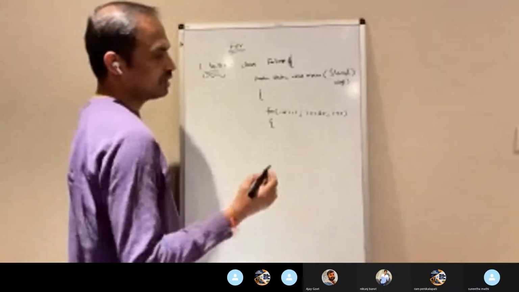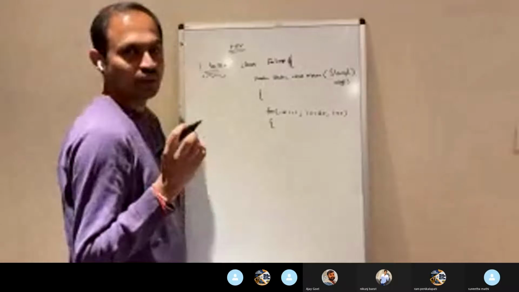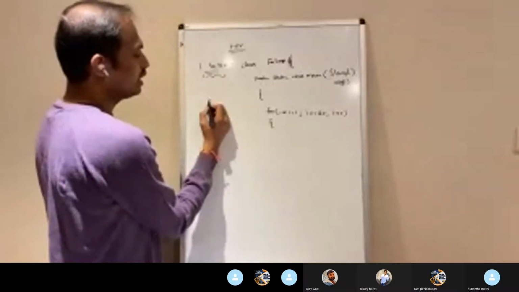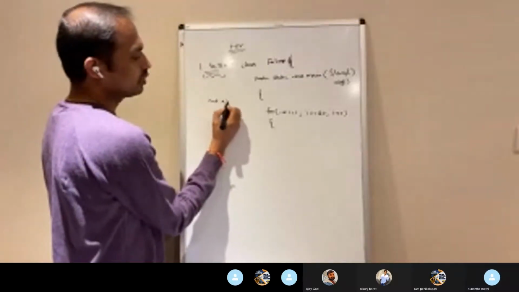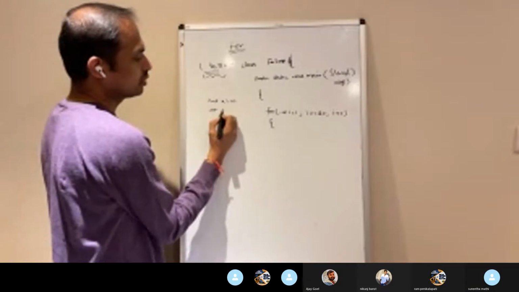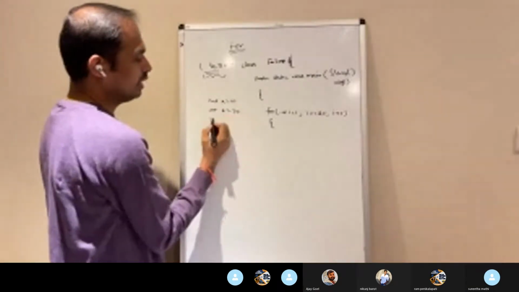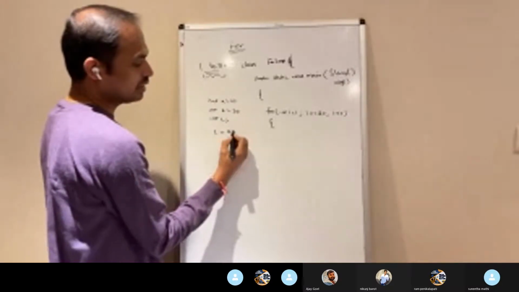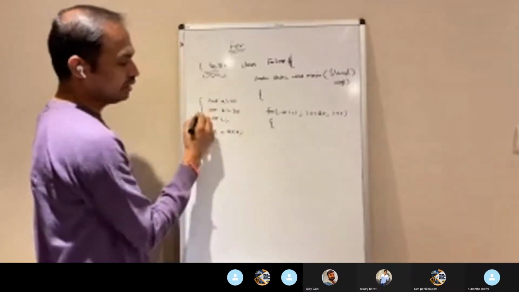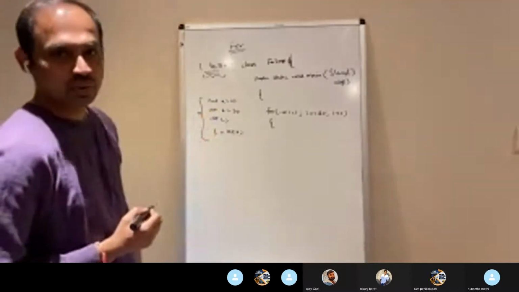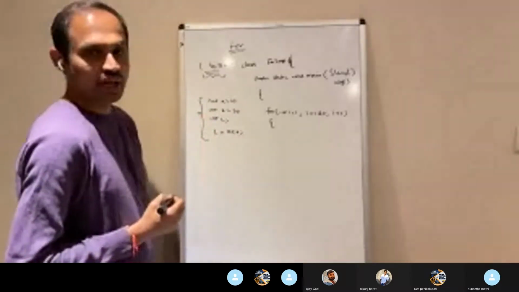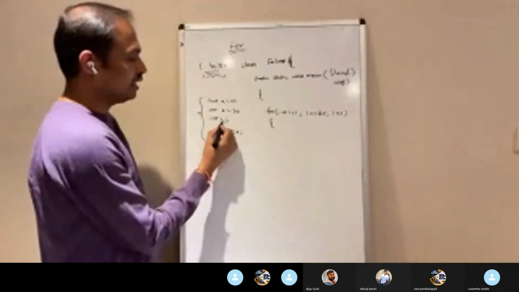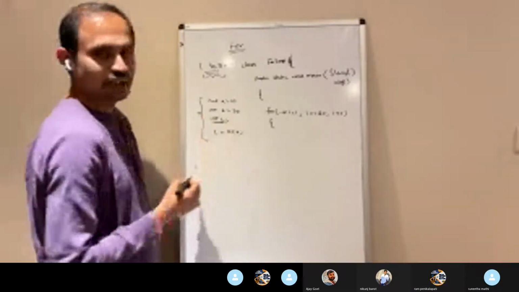So first, to store the count in one of the values, what are we doing? Int a is equal to 10, int b is equal to 20, then int c. We are declaring int c to store the value a plus b in c, right?